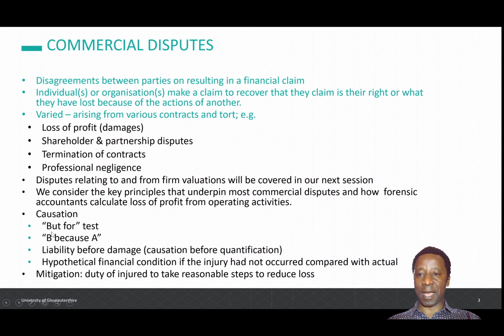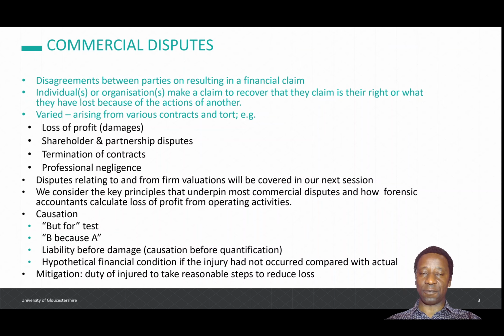So that's what we mean by the but-for test. So before we quantify the loss, we will check to see if but for the action or the inaction, this loss would have occurred. Right? If that loss would have occurred anyway, then we will not go ahead and quantify because it's not being caused by the action or the inaction of the person or the entity who is in the wrong.